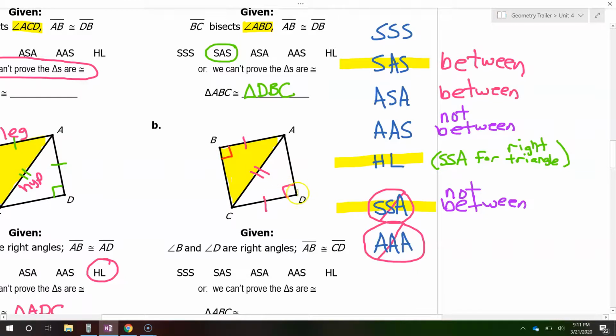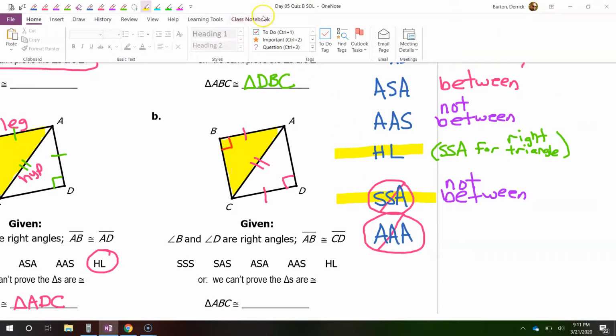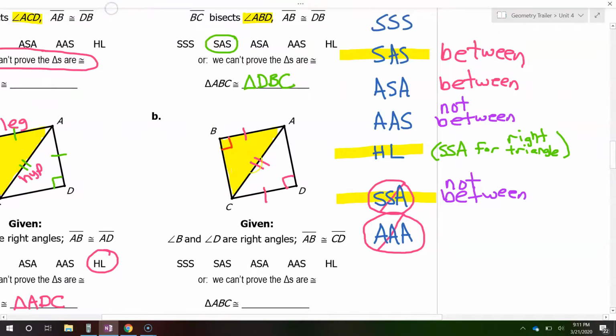And it is a right triangle, so maybe. Now we have to check and see what we have marked. Is it a hypotenuse and a leg? Well, here's the hypotenuse right here, across from the 90 degrees, and that is one of the sides we have marked. Any other side is a leg, so we actually do have hypotenuse leg. So that's going to prove the triangles are congruent, hypotenuse leg.